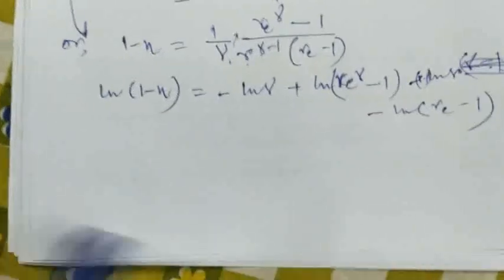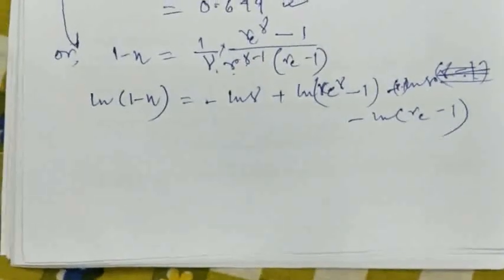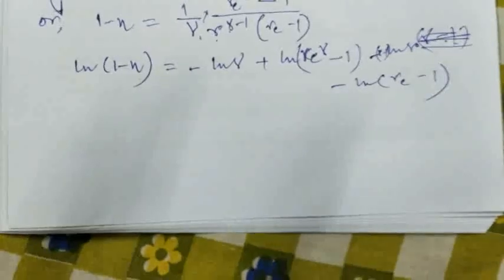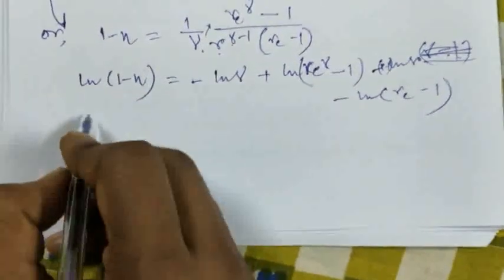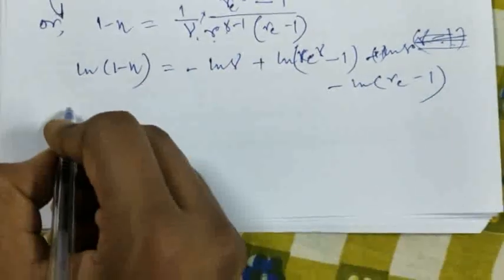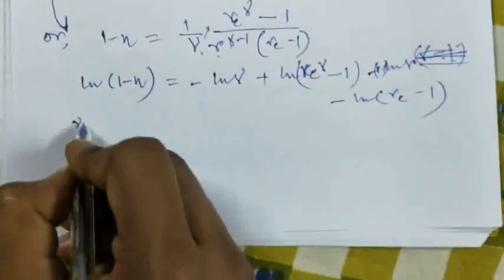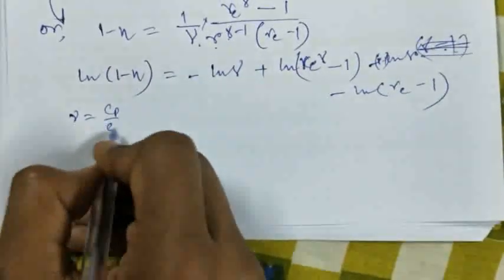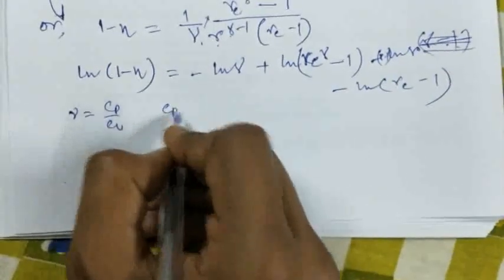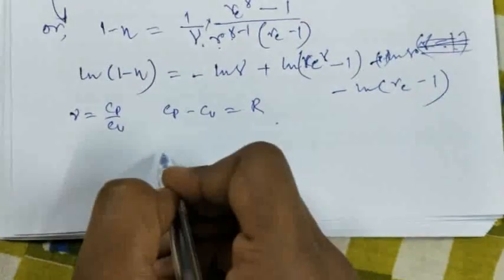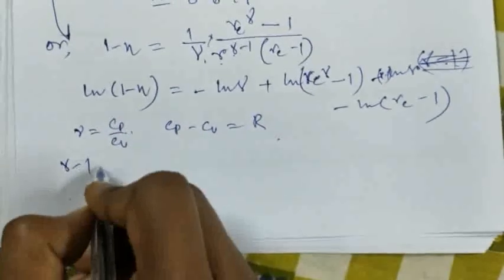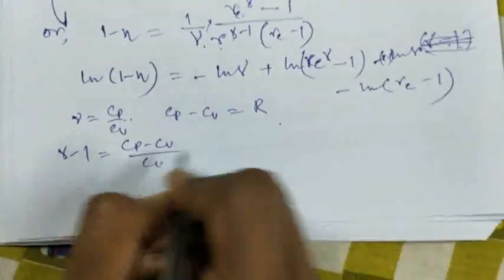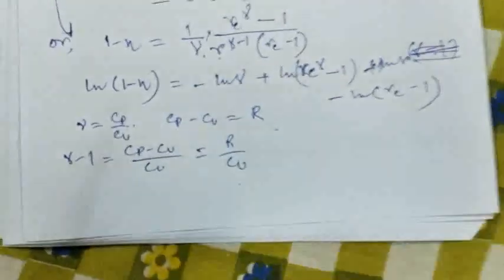Now we have to get a relationship between efficiency and Cv, because only Cv is changing, nothing else is changing, and according to Cv we have to calculate the efficiency change. That's why we use the equations gamma equal to Cp by Cv, and Cp minus Cv equal to R. If we subtract 1 from both sides, gamma minus 1 equals Cp minus Cv by Cv, which is equal to R by Cv.